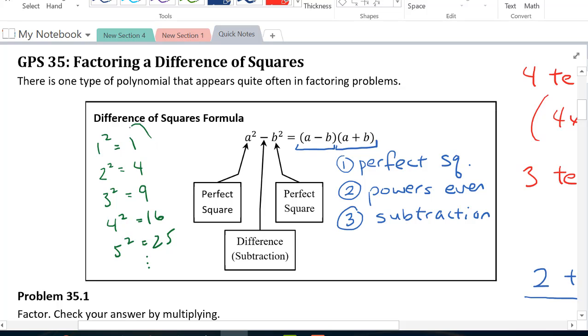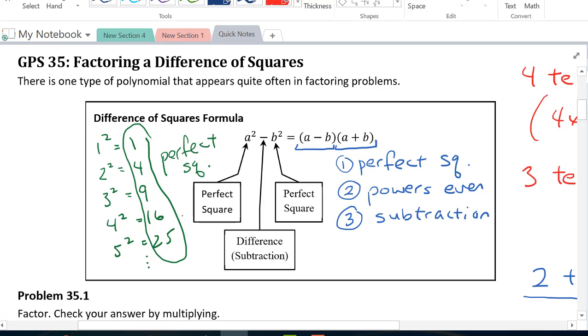All these are called perfect squares. The coefficient has to be one of these numbers: a 1, a 4, a 9, a 16, a 25, or a 36, or 49. If the coefficient is not one of these numbers, then you cannot use difference of two squares.